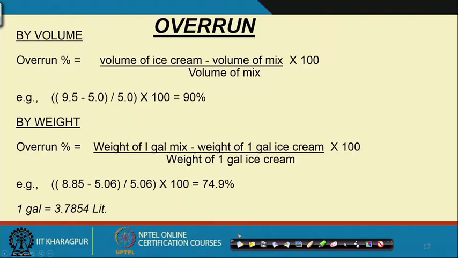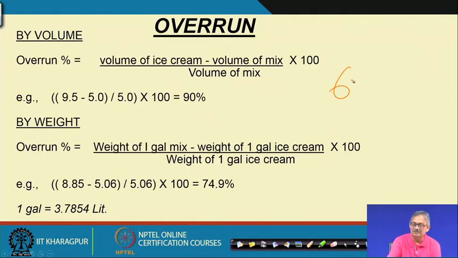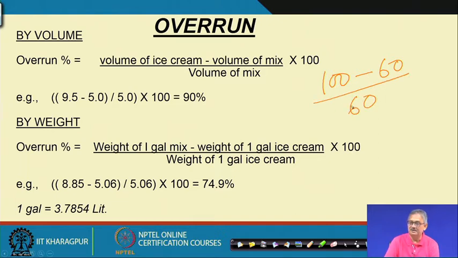Another example, say 100 ml, we have 100 ml of ice cream out of which we have 60 ml of mix, right. Then it is 40 by 60 into 100.